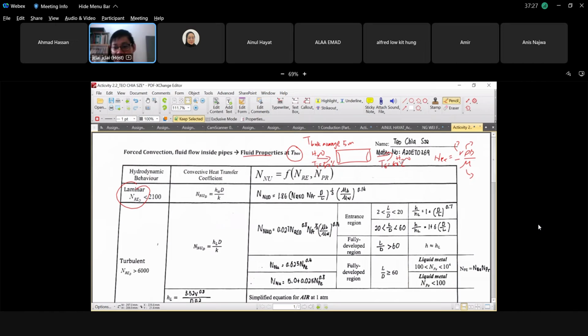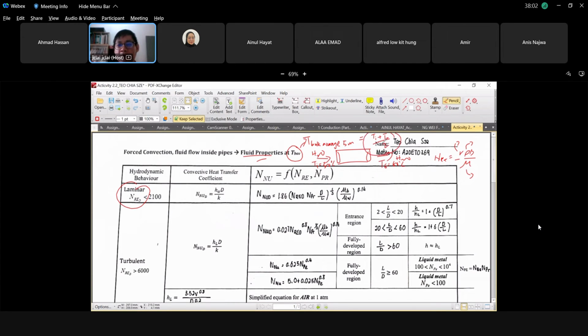So the scientists came out with a solution. Since we have a big difference, the physical properties will be taken at TB average. TB average means T bulk average, an arithmetic average, equal to T in plus T out divided by 2.